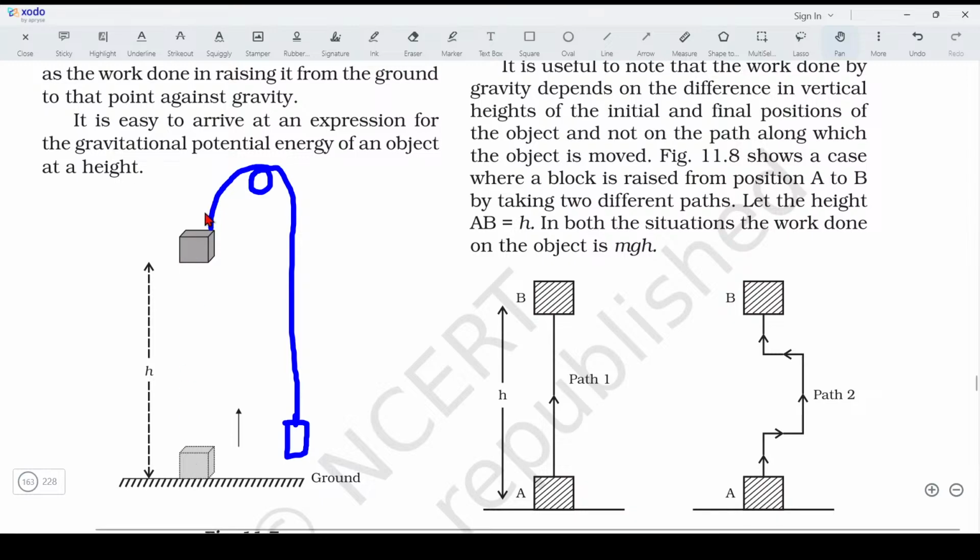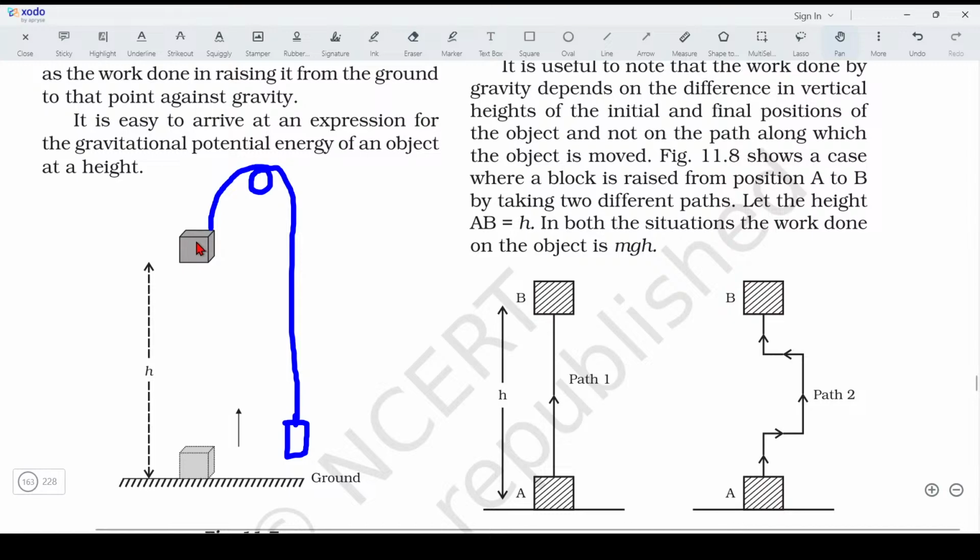That means whoever has lifted that object from here to here, that fellow would have given that energy. If you have lifted this object from here to here, that means you have lost some energy. You have spent some energy in lifting the object. So where did this energy go? That energy went here. When you are lifting an object from here to here, you are spending some energy, and that energy you have given to this object.